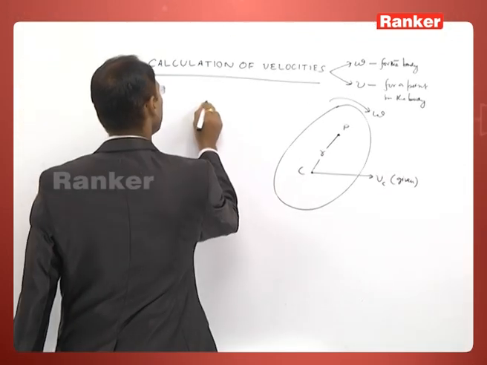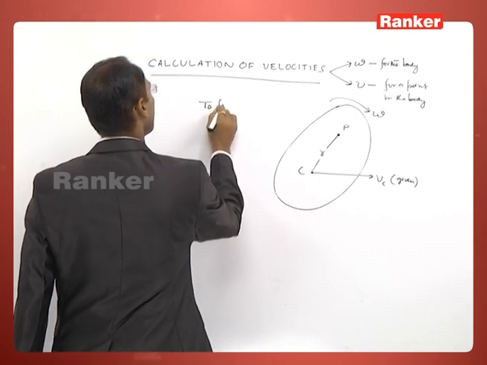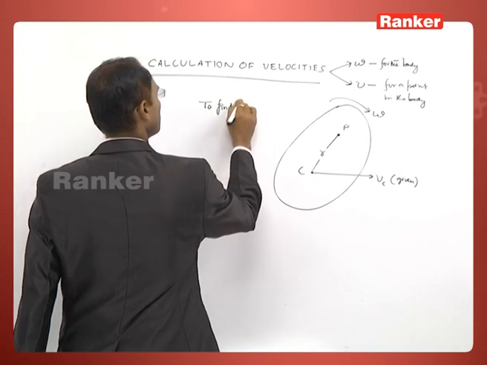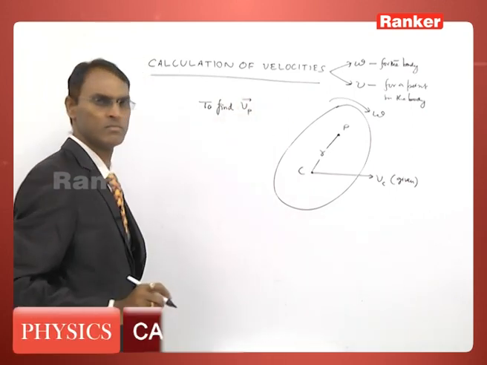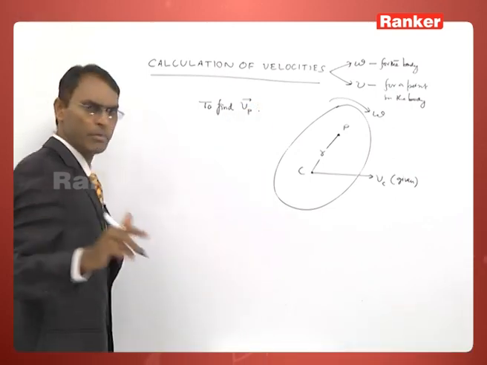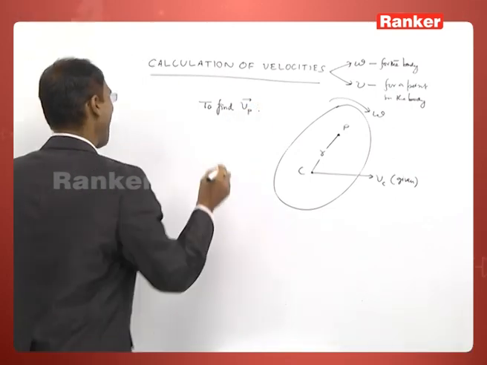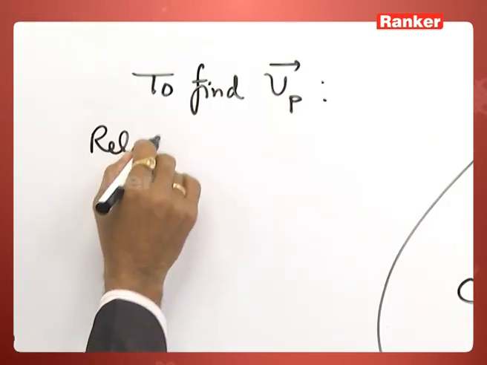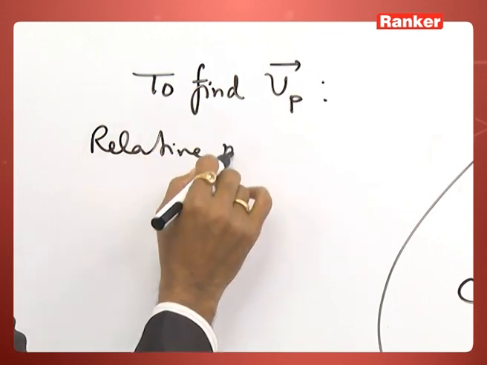How to find the velocity of this point P? Even though we have two methods, I would like to use a relative motion method.